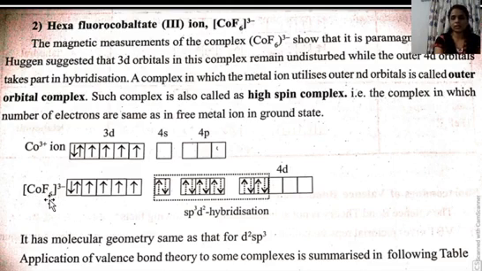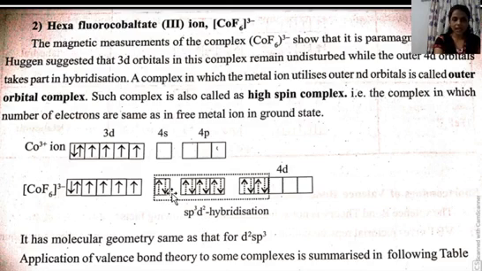Here we are having the CoF6 ligand. Fluorine is not a strong field ligand, it is a weak field ligand, and it doesn't cause pairing of electrons. So these electrons remain unpaired here, and therefore the inner d orbital is not available to form a bond with the ligand orbital. Therefore, the outer 4s, 4p, and outer 4d orbitals are used for forming bonds with the ligand.